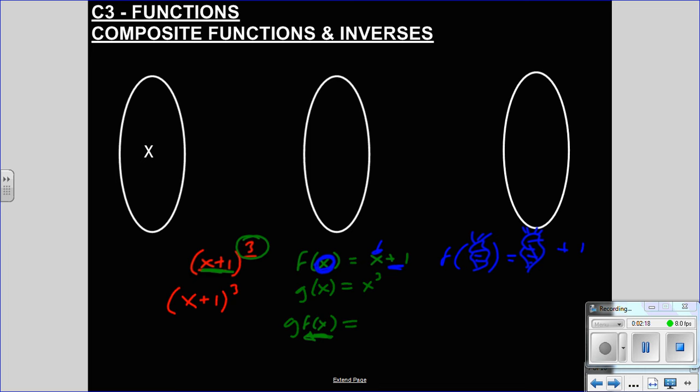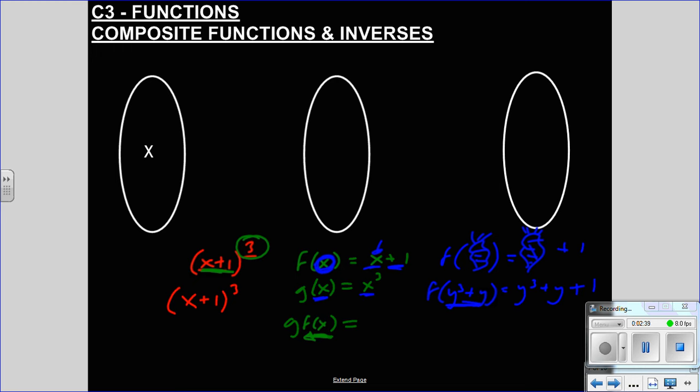So if I had f of y cubed plus y, remember that's going to replace whatever that x is, and then f takes that and just adds 1 to it. So that's going to produce y cubed plus y plus 1. Similarly, g takes whatever's in there and cubes it, right?